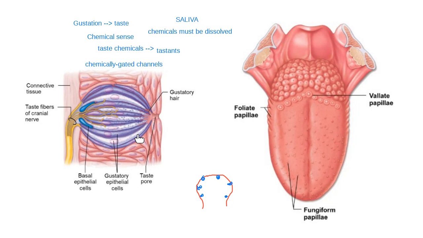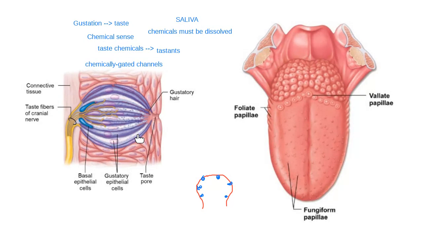Were there any other questions about the process of tasting or smelling, my two chemical senses? Nicole asked, can all the taste buds detect all 5 taste sensations? I believe the answer to that is yes.